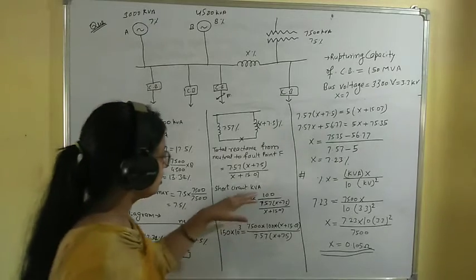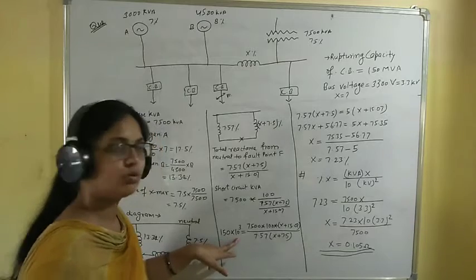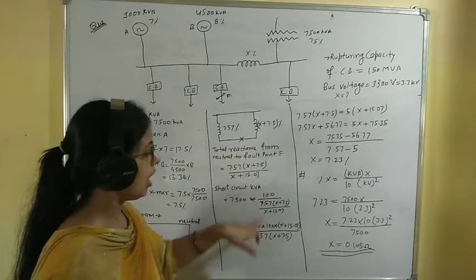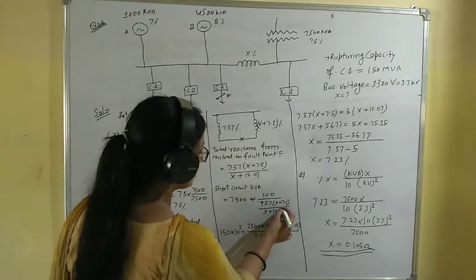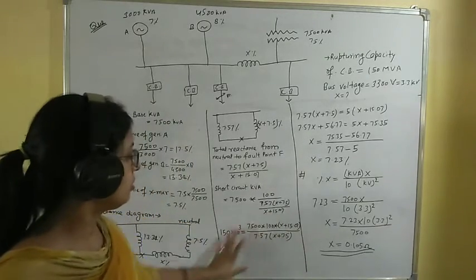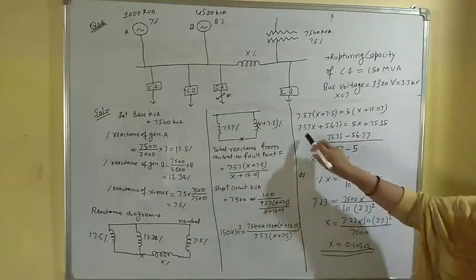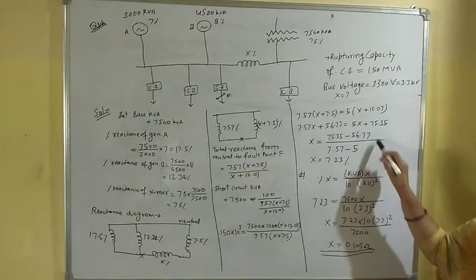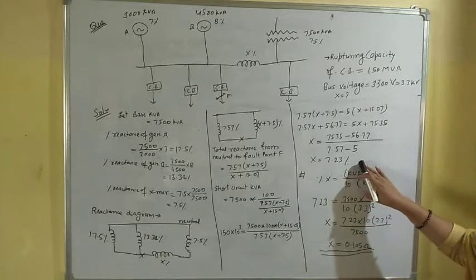Here the short circuit kVA is given as 150 MVA, that is 150 into 10 power 3, equal to 7500 into 100 upon this percentage of X. When we solve this equation, after multiplying and subtracting, we get the percentage value of X, that is 7.23%.